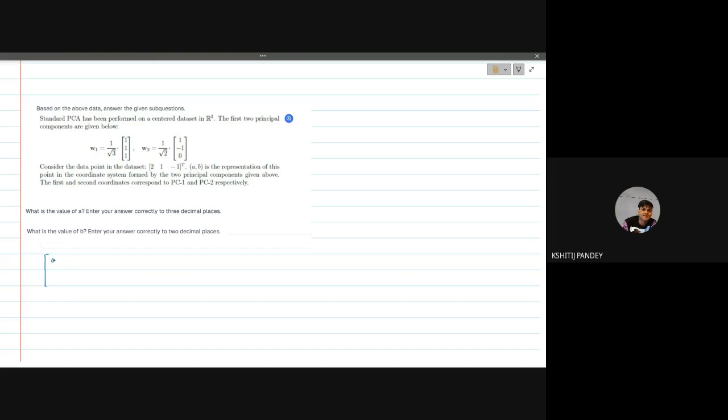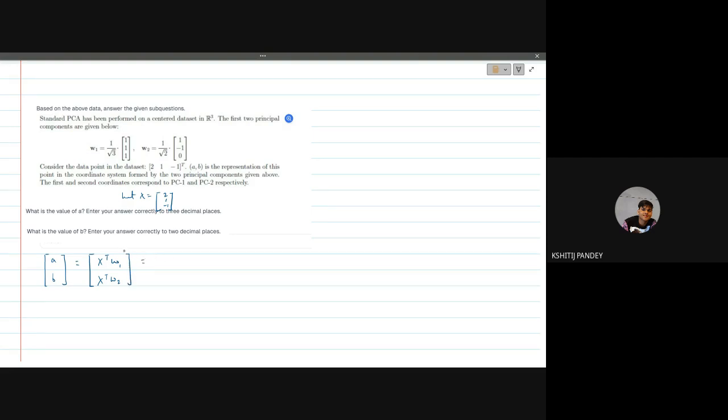So your AB here will be equal to, let this be your x. Let x be equal to 2, 1, minus 1. So A will be equal to x transpose W1 and B will be equal to x transpose W2.